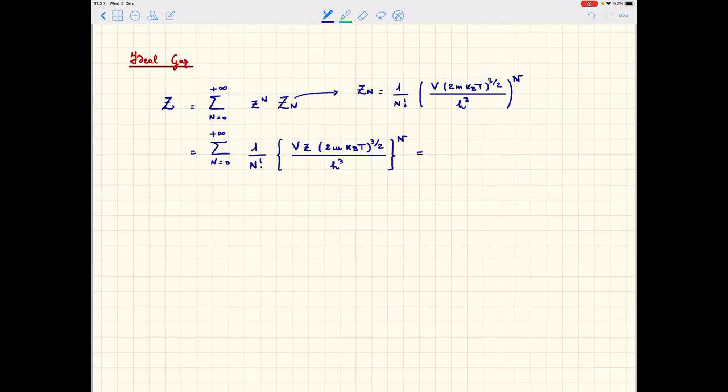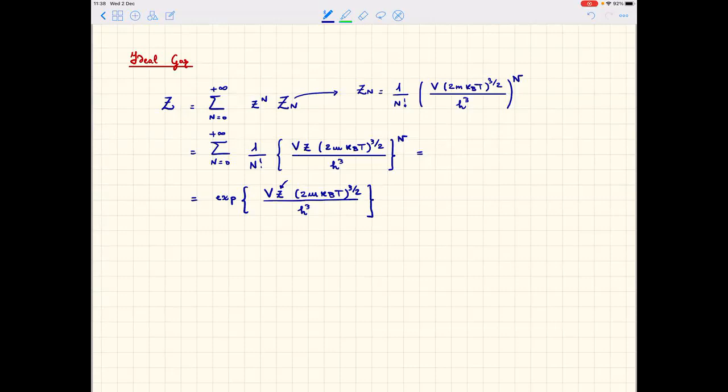And now this is equal to, well, this is just an exponential, right? This is the exponential of V times z (2πm kBT)^(3/2) divided by h cubed. Now, it's very important that this is an exponential that is linear in the exponent. Why?